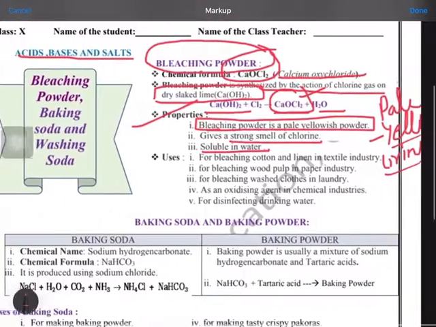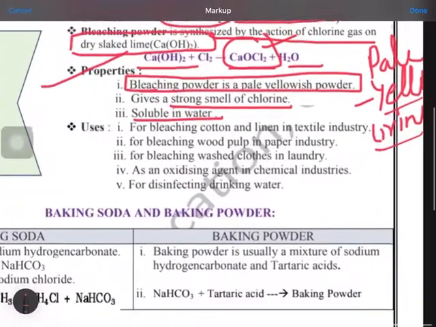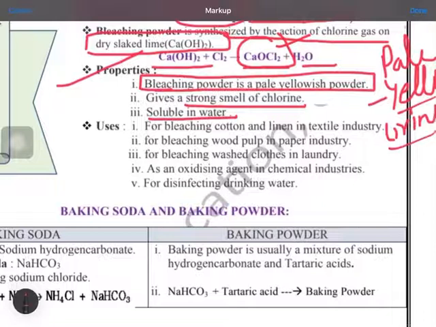What are the different areas where it is used? The foremost area is bleaching cotton. In the 7th and 8th class you have seen the formation of fiber to thread, and to remove the dirt and grease etc. from the fibers, bleaching powder is used.